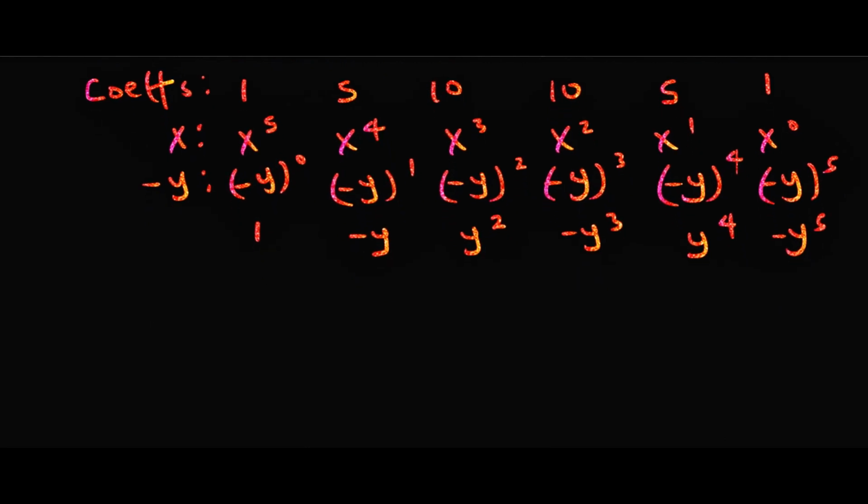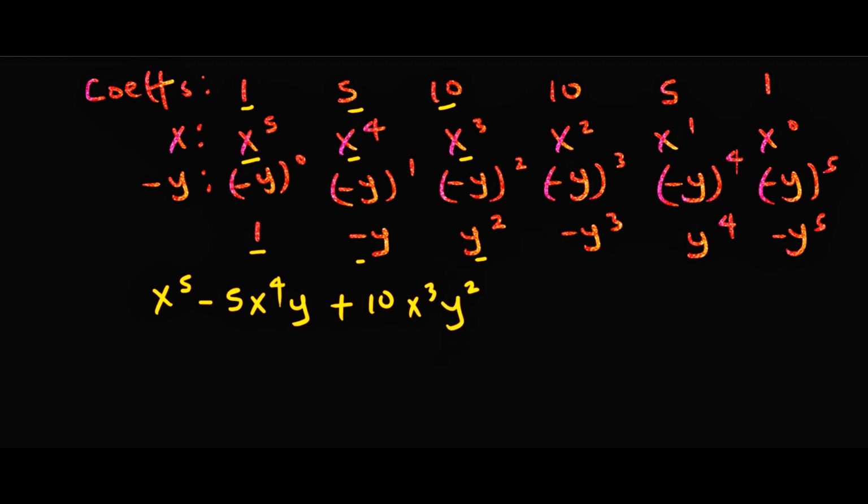So we have 1 times x power 5 times 1, which is just x power 5. Then you have 5 times x power 4 times negative y, that will be minus 5 x power 4 y. Then we have 10 times x power 3 times y squared, that is plus 10 x power 3 y squared.